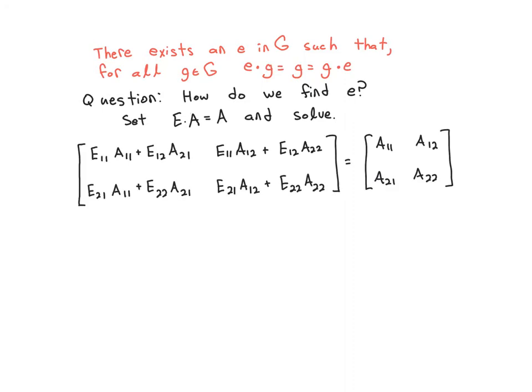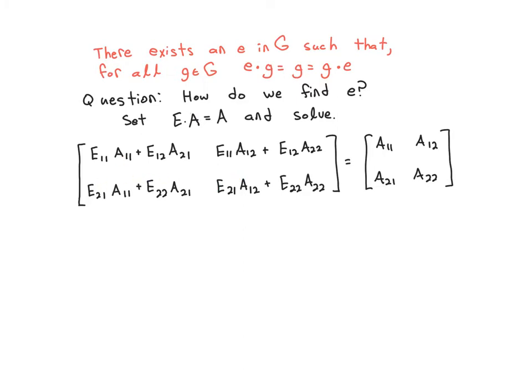And so let's write that equation out using the notation I was using. So the product of E times A is this formula. It is worth pointing out, because this looks very complicated at this point, that these A values are assumed to be constants that are known. Arbitrary but known. It is the E values that are unknowns that we're solving for.